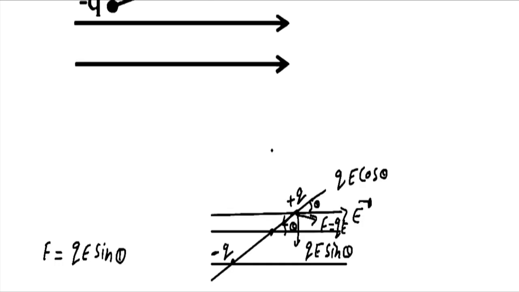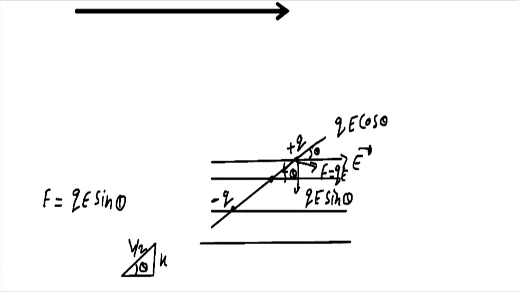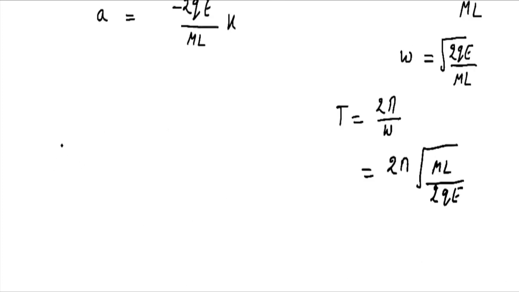Now for the time period, when it comes here it will take T by 4, when the particle comes here it will take T by 2 and 3T by 2, and when it comes back here it will take time T. So overall, the rod covers only the fourth part of the time period. So T minimum is the fourth part of the time period.